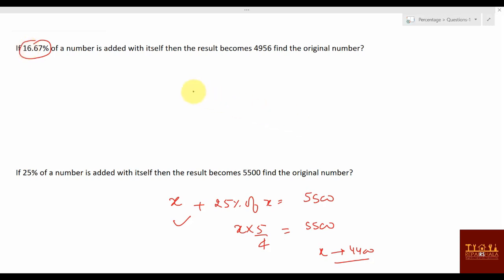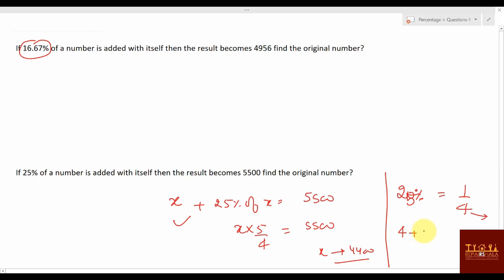It will be a little difficult for you, writing this thing. What you can actually say, I can say here itself that 25 percentage is actually 1 by 4. I know this is your base, or original number. I told you in the starting. So what they are telling is 4, that original number, plus 25 percentage of 4.